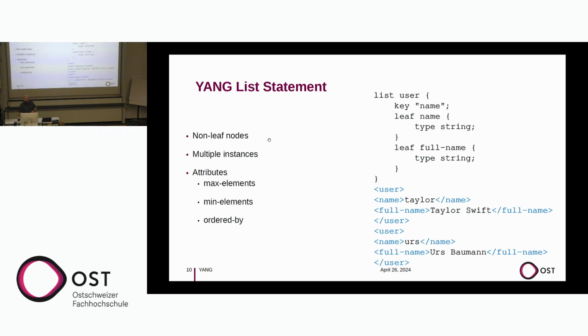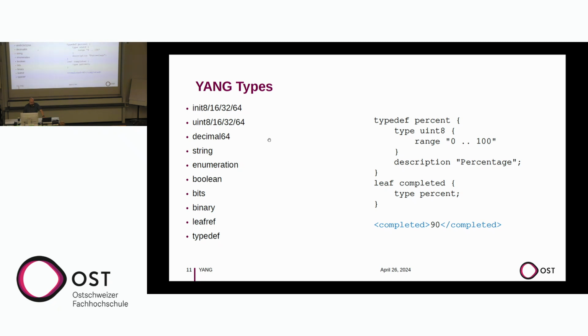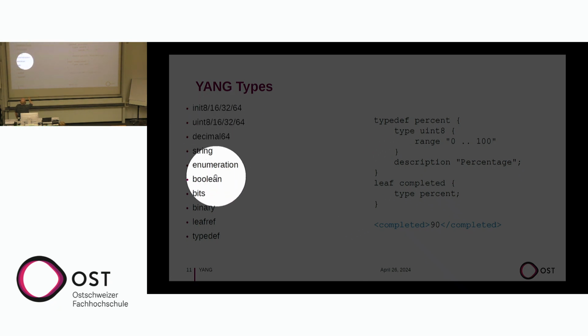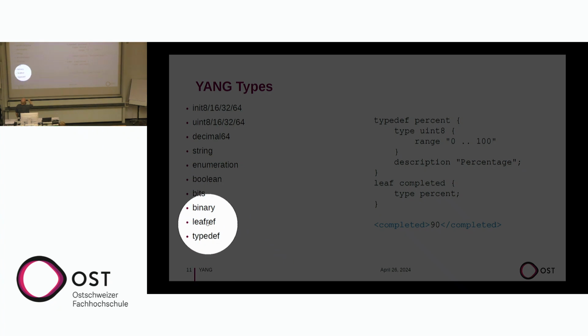Of course, we have description and all this normal stuff we could also set. The data types. This would be the data types from the RFCs. So different kinds of integers, signed, unsigned, decimal, string, enumeration, boolean, bits, binary, and then leafref and typedef.